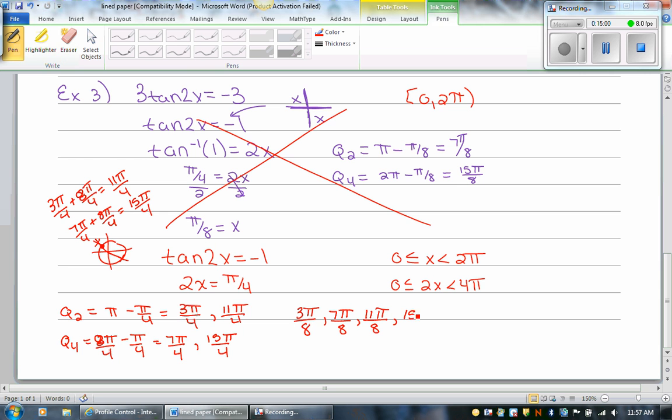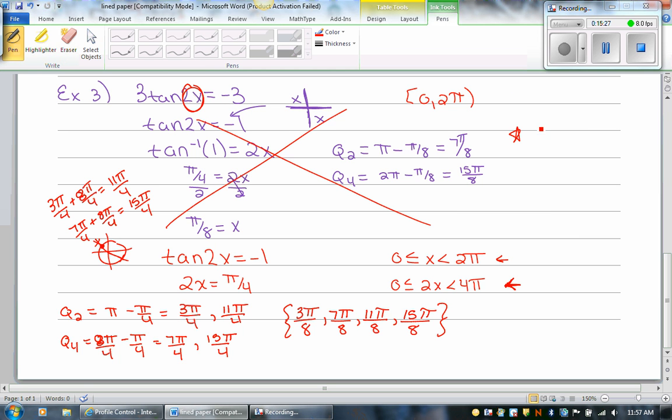And of course 15 pi over 4 becomes 15 pi over 8. So these become my 4 solutions because, with this 2x here, I have to expand out the possibility of more solutions, going from 0 to 2 pi to 0 to 4 pi. So you're adding in a whole other rotation. So those ones are tricky.